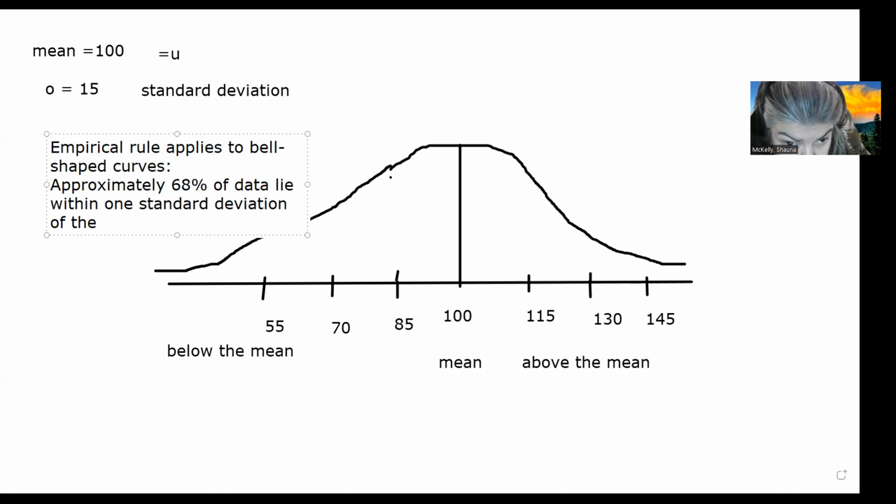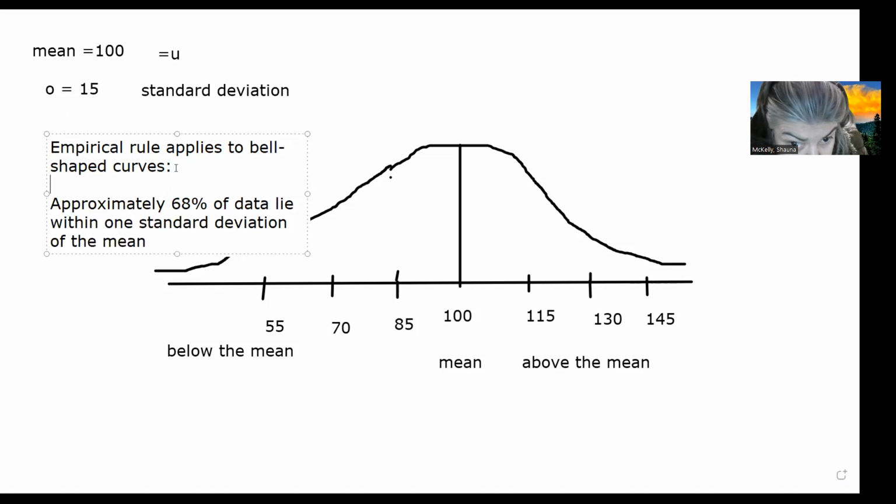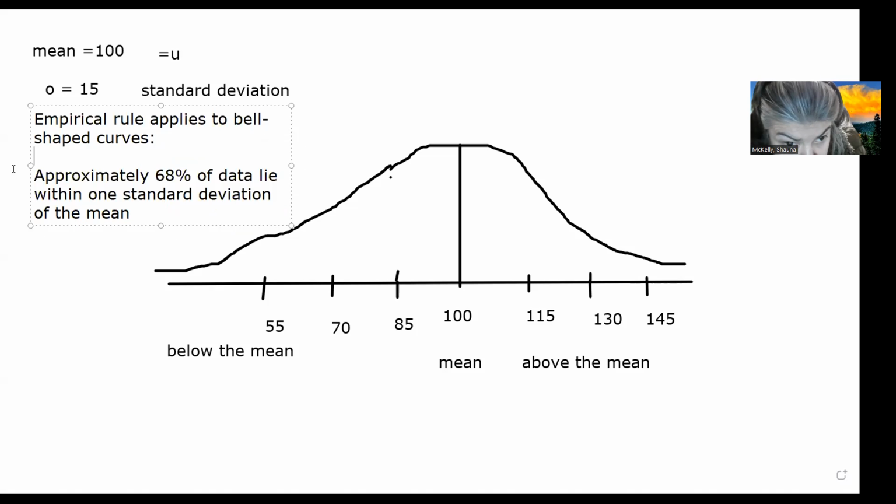Okay, that's the first part of what it says. There are 3 parts to the empirical rule, but this is the first part, that 68% lies within one standard deviation of the mean.